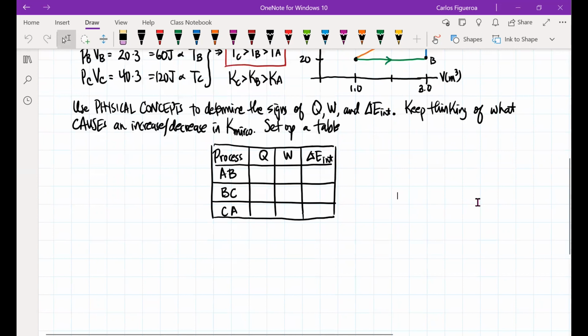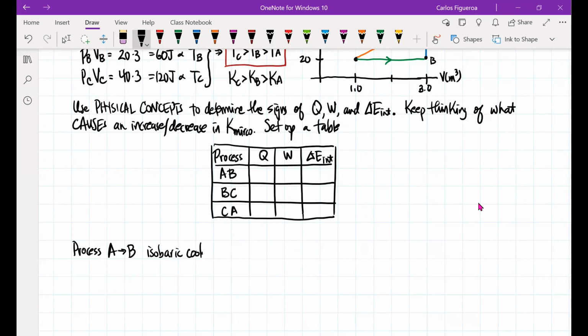So the first one I'm going to go after is process A to B, and this is an isobaric, it turns out, isobaric cooling / expansion.